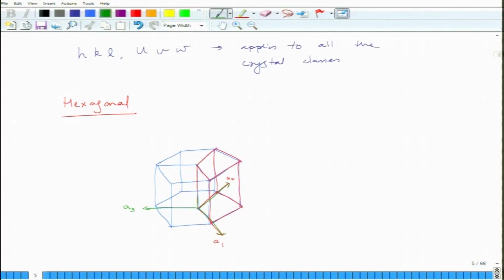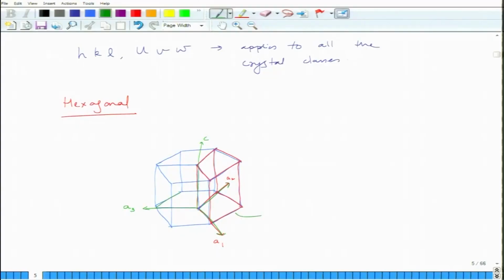And of course, the fourth axis remains this one. So, if I take this four axis system A1, A2, A3 and C, normally in the hexagonal system we call this the A axis and C axis, because A1 and A2 are equal and symmetric. We call both of them the A axis, and the one perpendicular to the basal plane is called the C axis. This plane, the base, is called the basal plane.